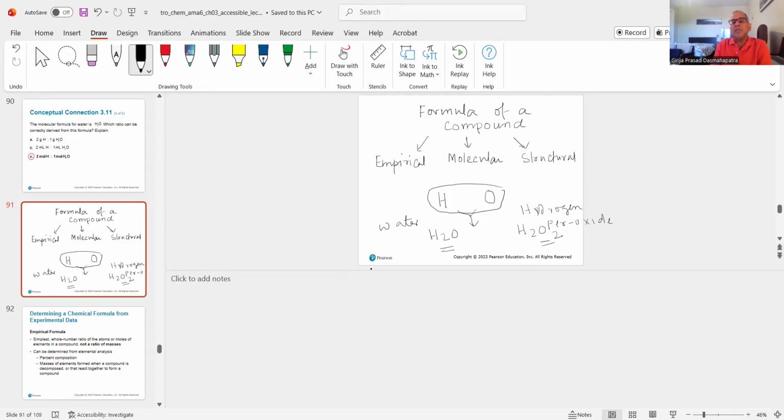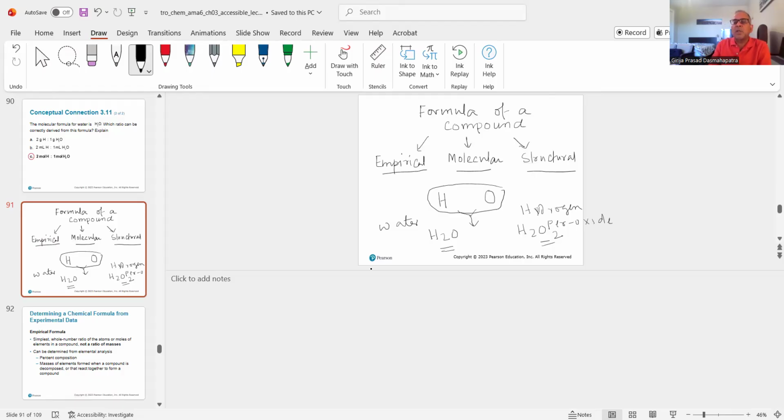So is there a different kind of formula? Yes. The formula as a whole, which is used to represent compounds, can be classified in many ways. But in this particular chapter, we will be talking about formulas classified into mainly two, and a little bit we will talk about structure. So formulas can be classified in three ways: empirical, molecular, and structural.